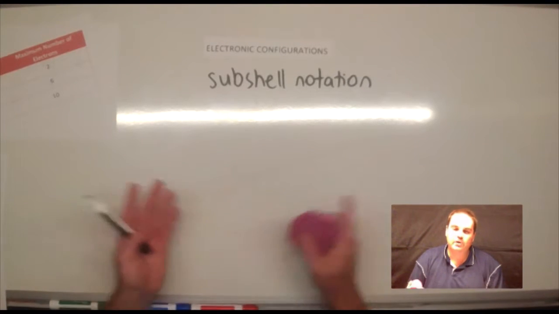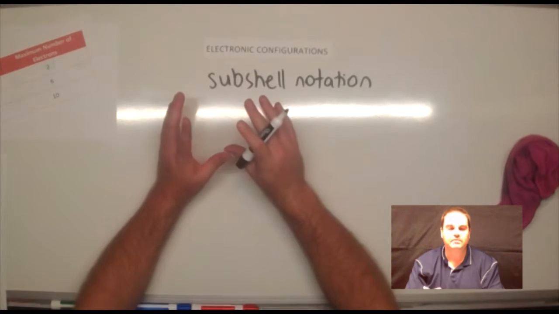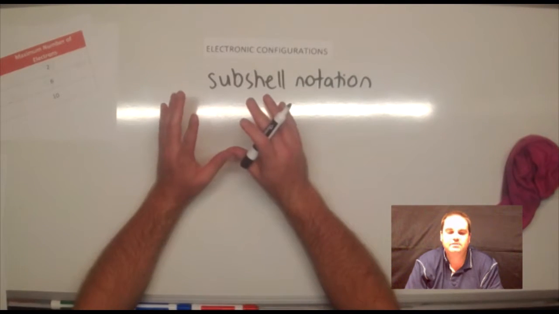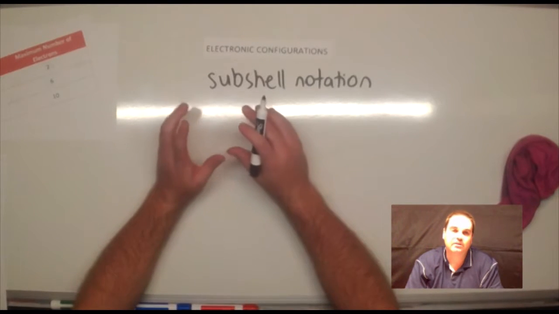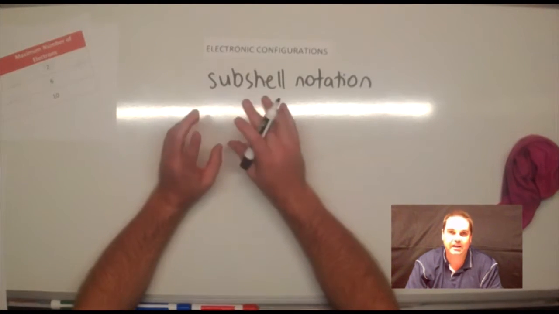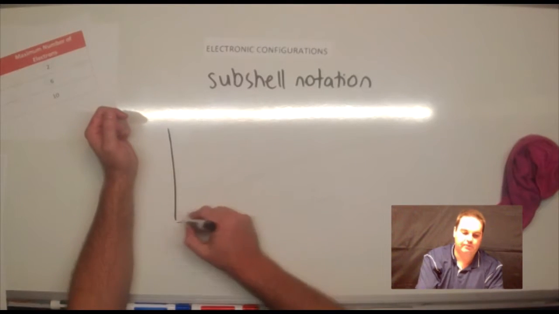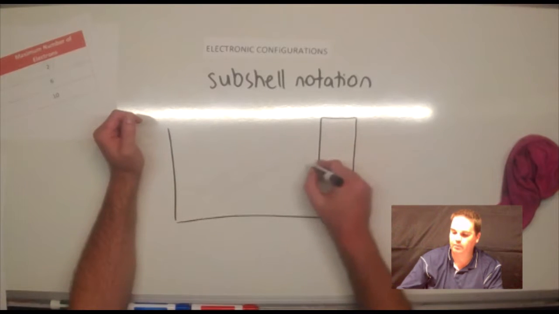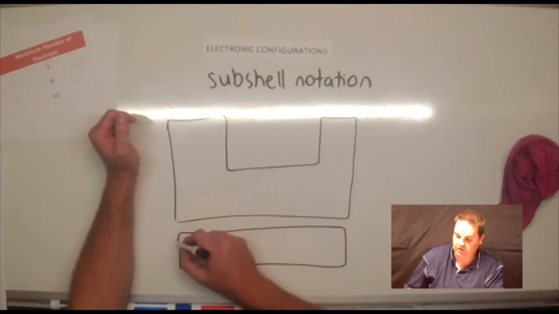So in terms of those actual subshells, there are certain subshells that we have, and these relate to blocks of the periodic table. You've probably looked at the periodic table and seen that we have an S, a P, a D and an F block. If we just draw up the periodic table in very simple form, it looks like this, with this extra block down the bottom.